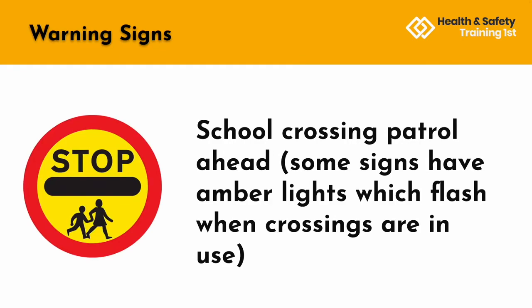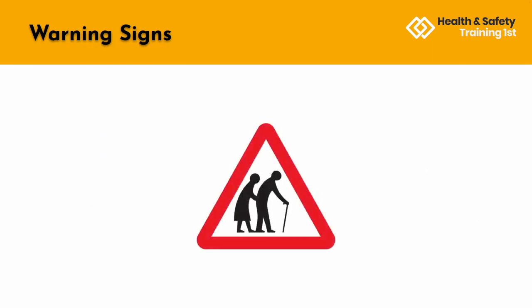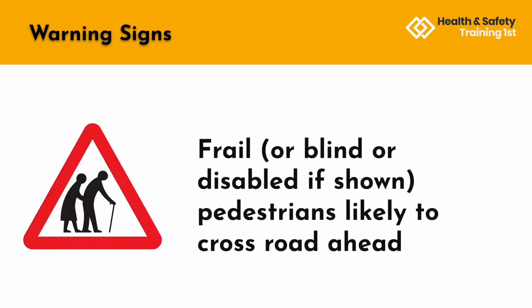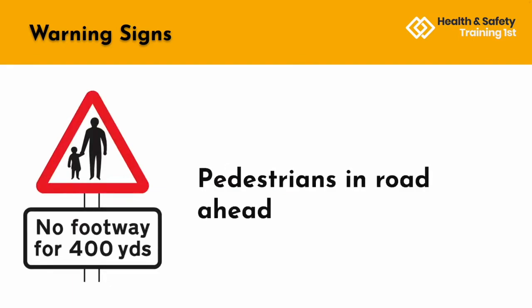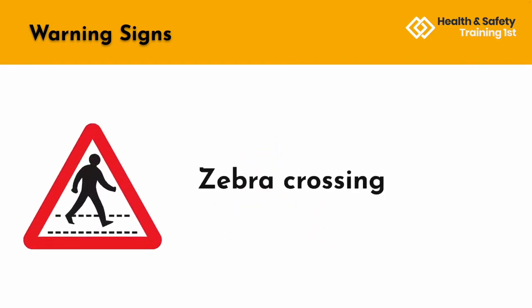Some signs have amber lights which flash when crossings are in use. Frail, or blind or disabled if shown, pedestrians likely to cross the road ahead. Pedestrians in road ahead. Zebra crossing.